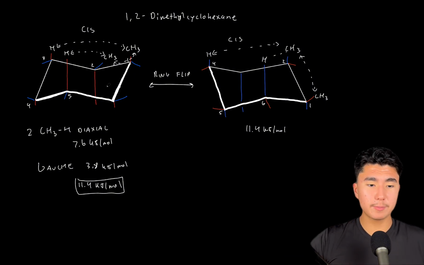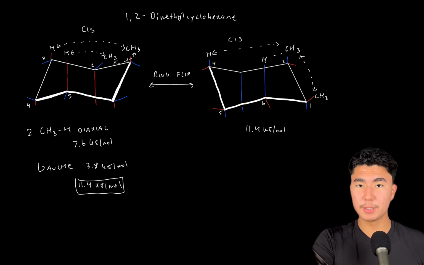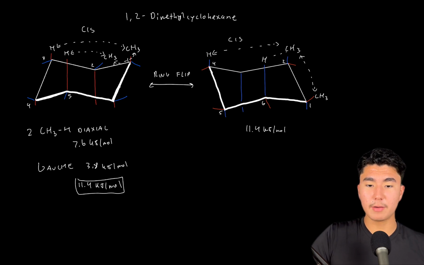So we ring flipped and this carbon moved up over here. So I just wrote that hydrogen that's there. And like I said, I'm just writing the hydrogens that interact with our methyl groups just for simplicity. And over here, we're going to have an interaction between our hydrogen over here and the methyl, creating a diaxial interaction. Same thing over here with this hydrogen.